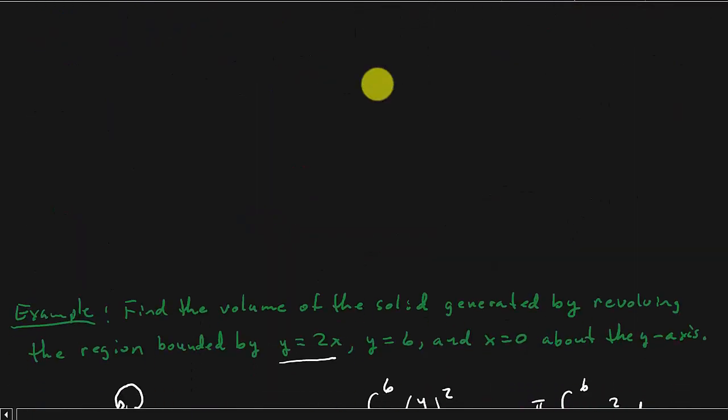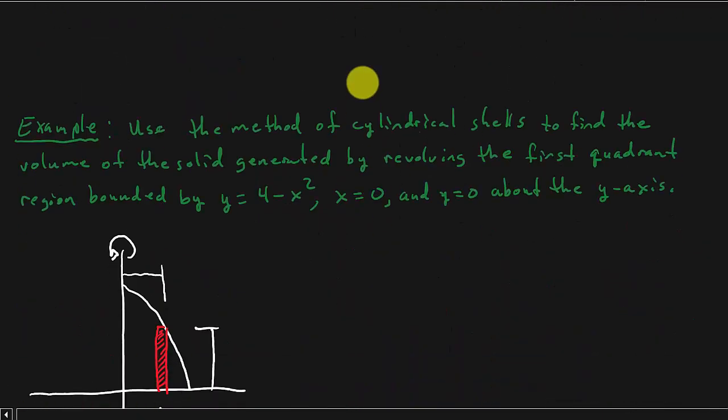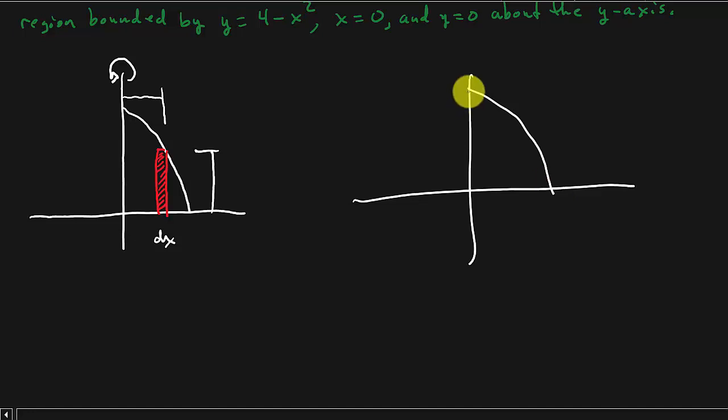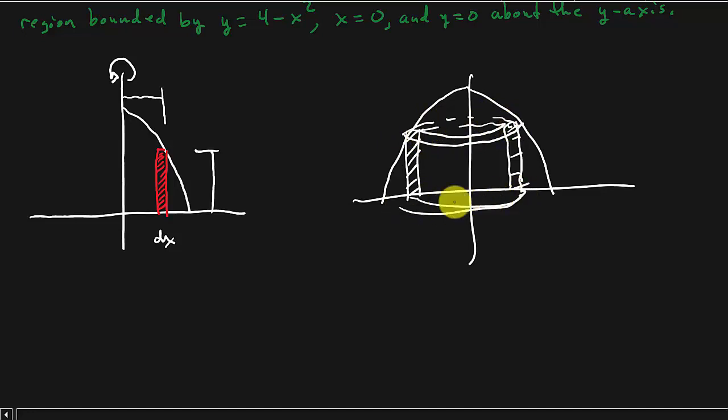Okay. And let me just show you this real quick. If we were revolving this about the axis and I was going to draw it revolved, I would draw it there. There would be the shell. It would look something like this, just a rough sketch.